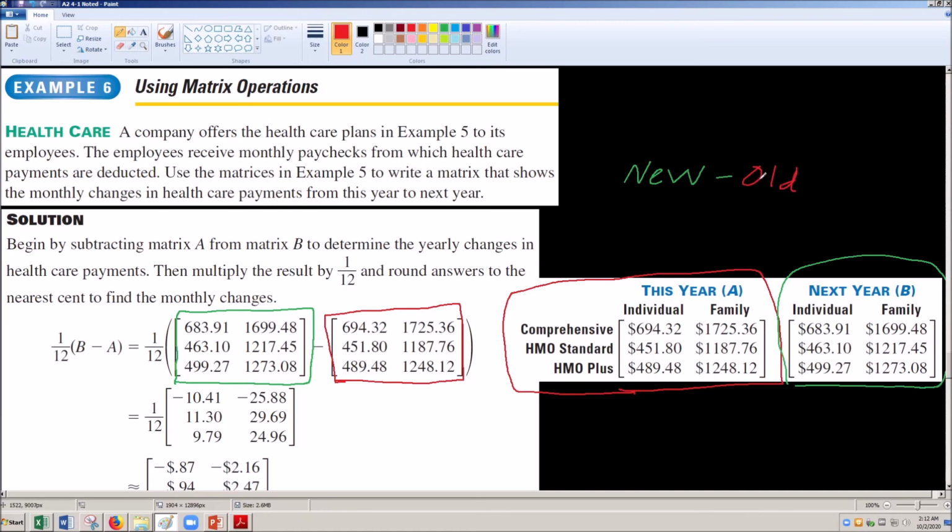When I'm doing this, the only additive that I'm including here is that I want monthly. So I'm saying 1/12 of that. And that's where this scalar multiple comes into play. From here, it's all just addition and subtraction. So here we're doing subtraction, and then I would do the scalar multiplication last. If you wanted to do it to both of these, again, totally fine. It's just one extra step, but it's ultimately going to bring us to the same answer.